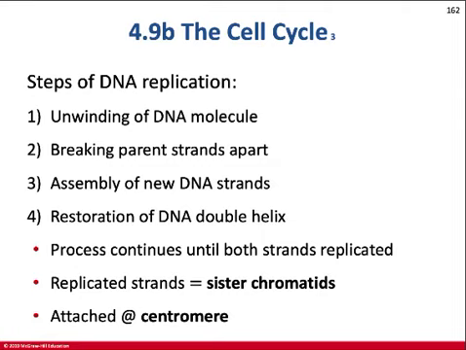At the origin of replication, the two strands separate. One strand is built continuously in the 5 to 3' direction and is called the leading strand, while the other strand is built in small segments in the 3 to 5' direction. I mean, not really in the 3 to 5' direction. It's a 5 to 3' direction, but it's done discontinuously.